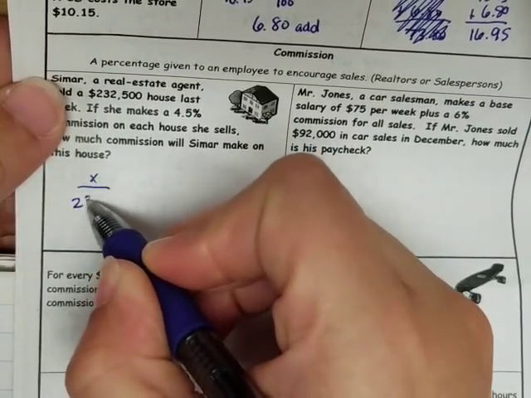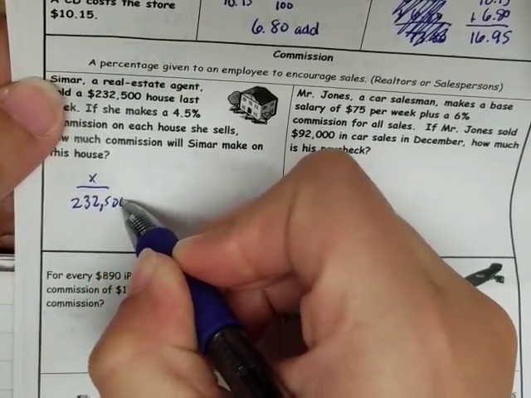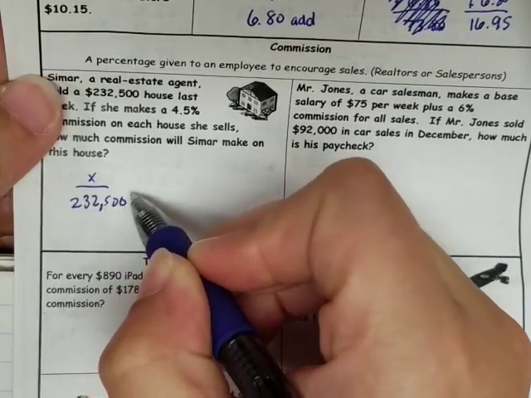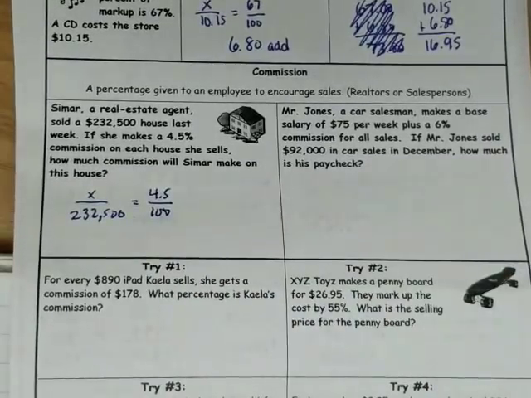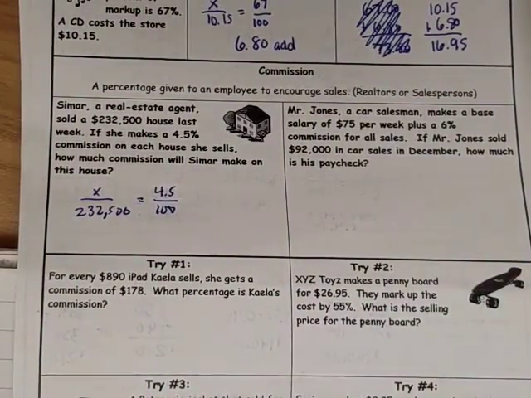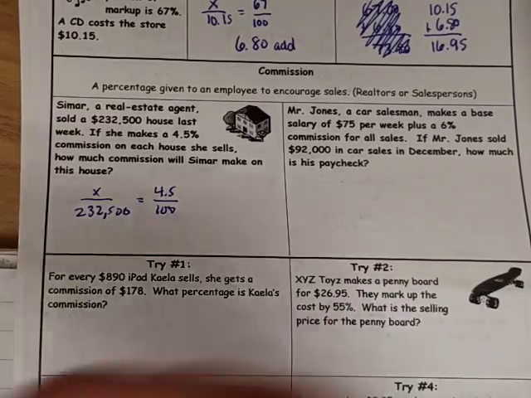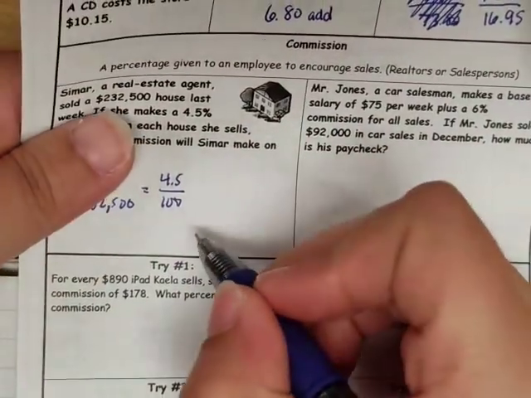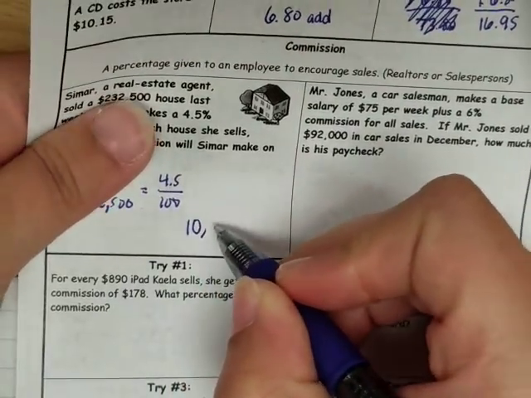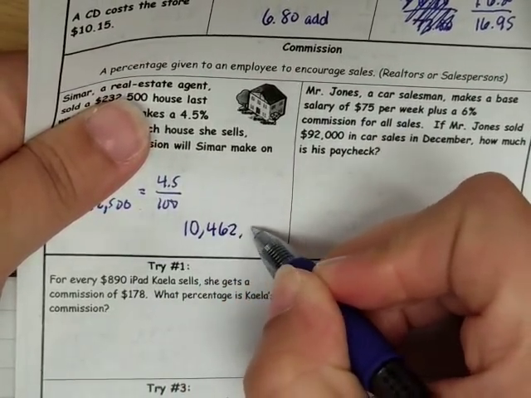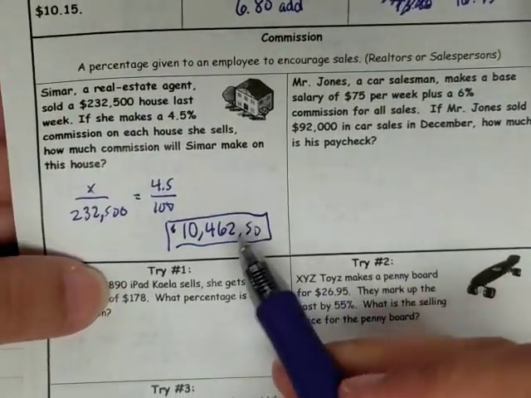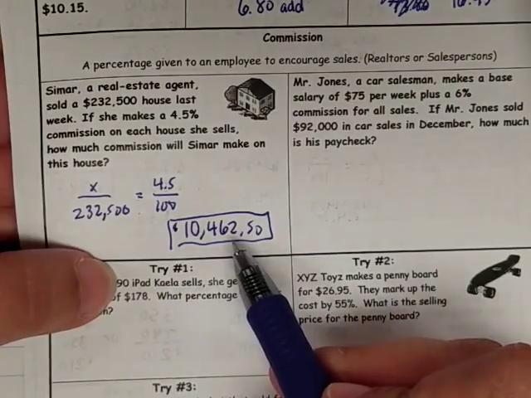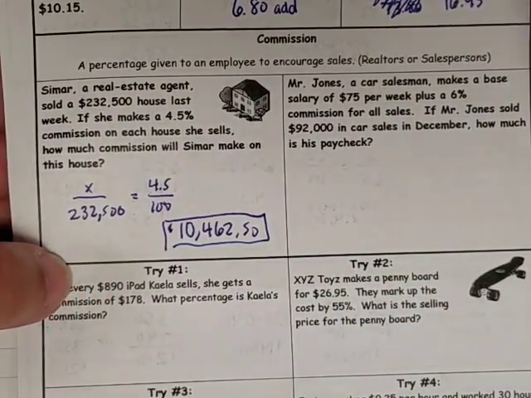So $232,500, and then 4.5%. Then I'm going to divide by 100, gives me $10,462.50. So just for selling that one house, the realtor makes $10,462 off of that sale.